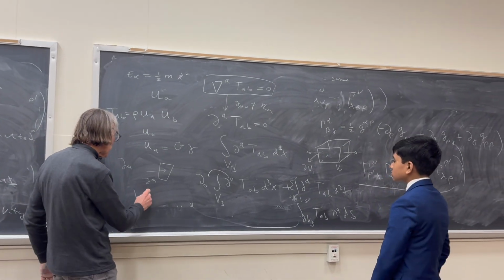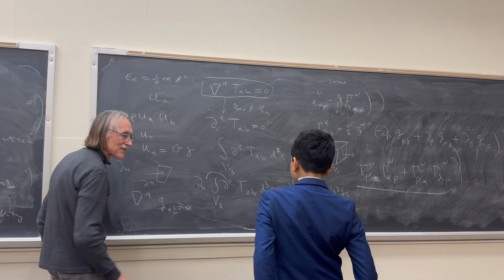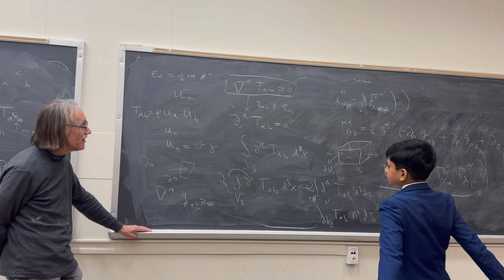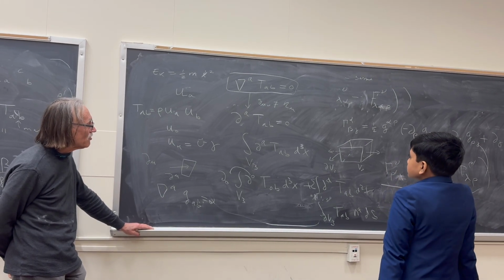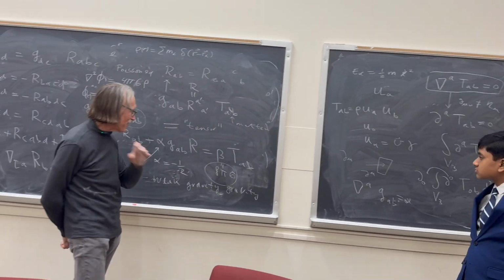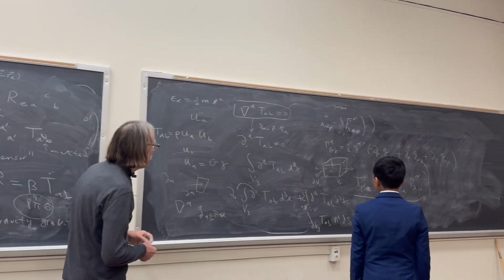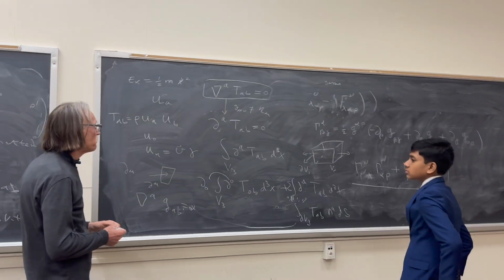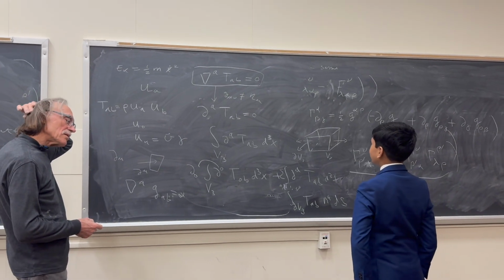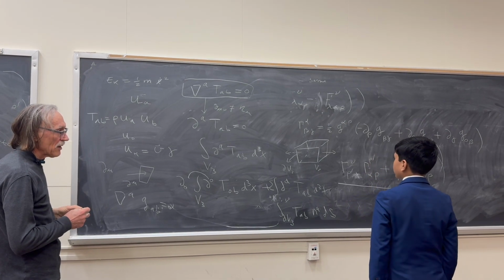Because also the covariant derivative of the metric tensor vanishes. But this doesn't have the dimension of energy. Also, the covariant derivative of this vanishes. So I suppose that the energy momentum tensor is just a function of energy, such that when you take the covariant derivative, it goes to zero.